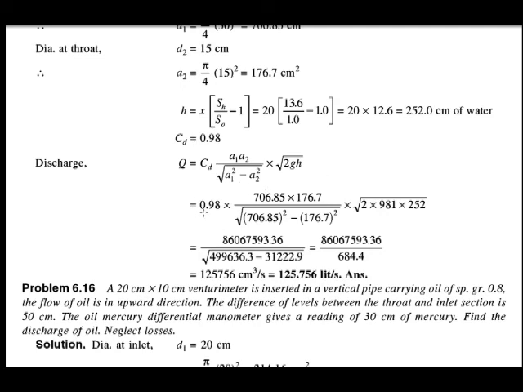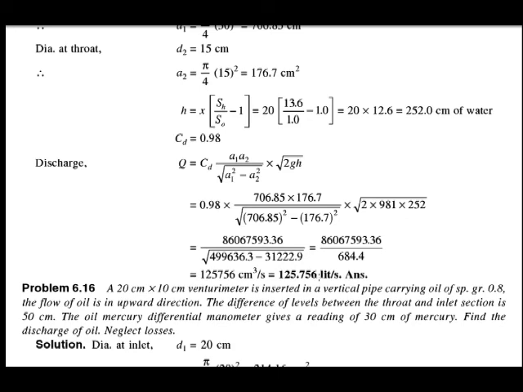The value of CD is 0.98 into A1 is 706.85, A2 is 176.7, upon square root of 706.85 square minus 176.7 square, into square root of 2 into 981 into 550. After calculating this, we get the final value for the discharge as 125.756 liter per second. Here is the answer of our question.